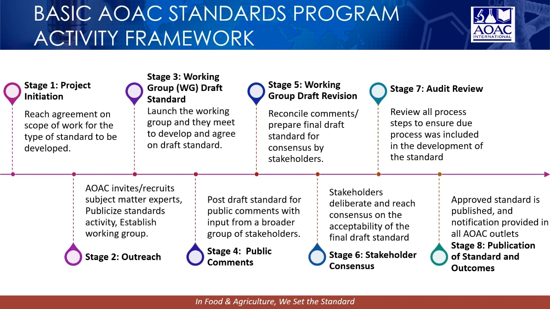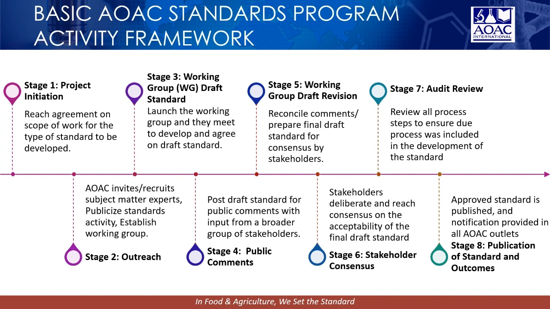And then that standard will go to publication, where it is published in the official methods of analysis of AOAC, both online and print, as well as currently accessible on the AOAC website.